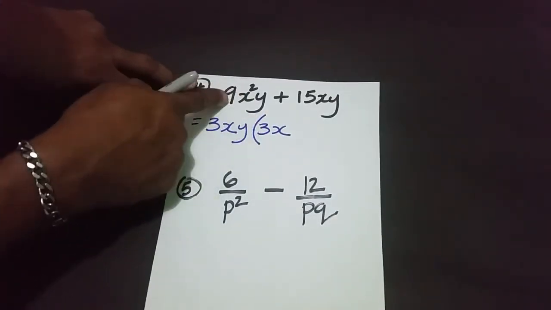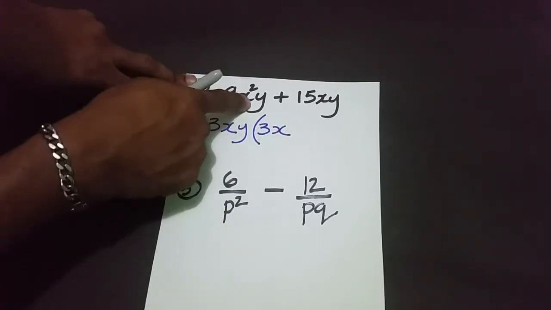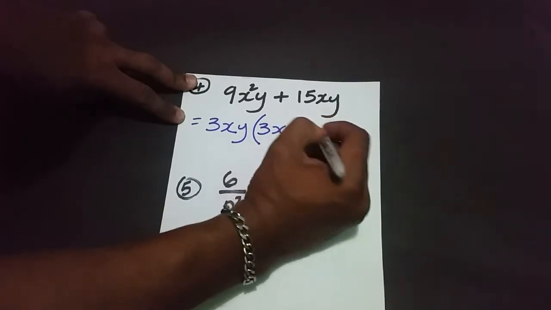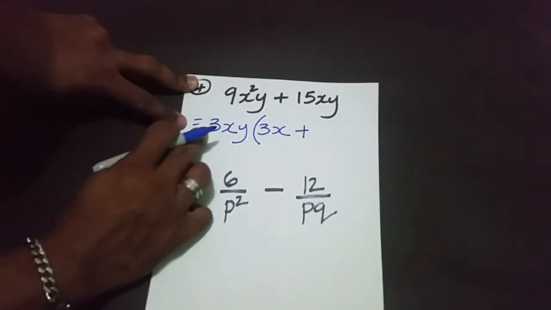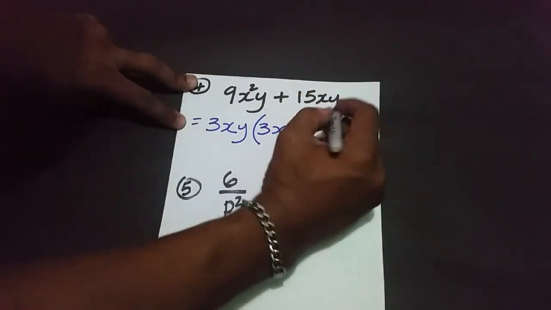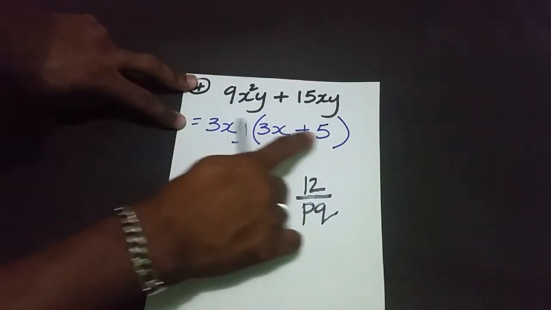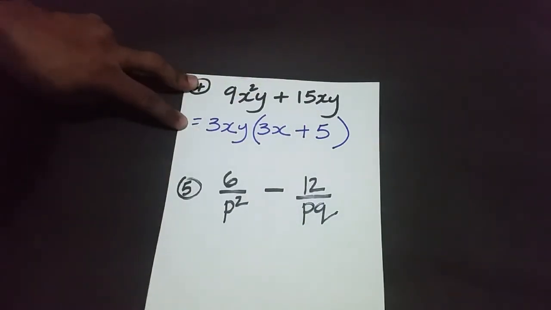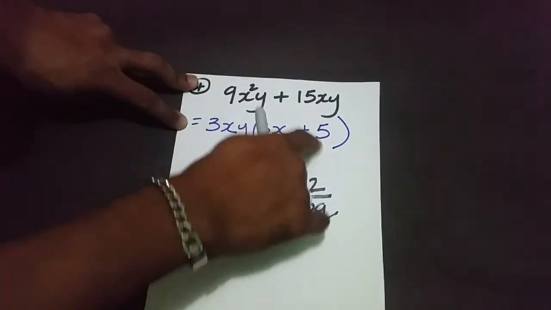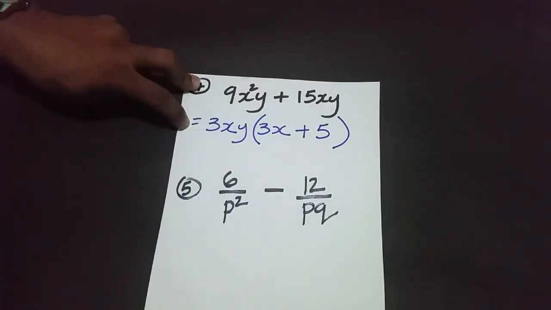Because 3 times 3 is 9, x times x is x squared, and the y comes back there. Also, you're going to ask yourself, what times 3xy is going to give me back 15xy? That simply would be 5, because 3xy times 5 is going to give me back 15xy. 3 times 5 is 15, and the xy comes back right there.